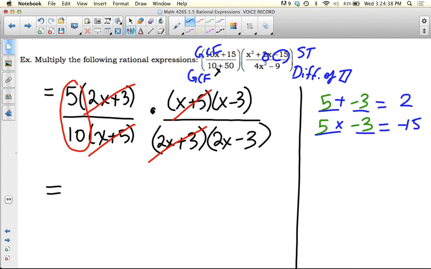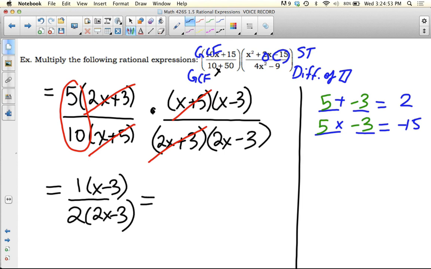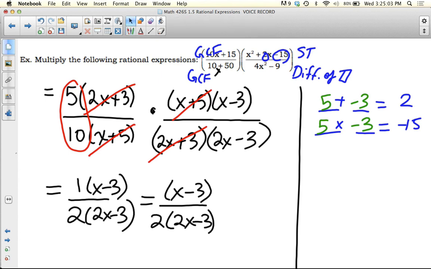So I can have 1 over 2 for my 5 over 10. I'm left with an x minus 3 on the top, and a 2x minus 3 at the bottom. I don't really need to write the 1, so I'm just going to write x minus 3 over 2x minus 3. Okay, and that's the final answer for the multiplication of those two fractions up there.